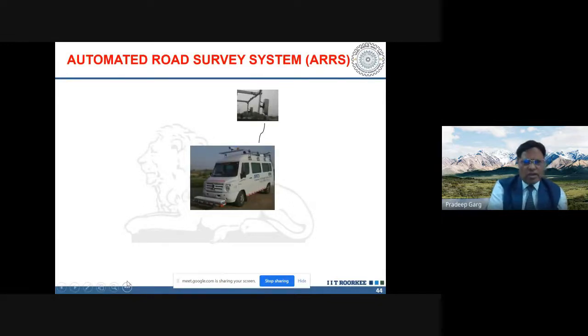This is an automated road survey system, as an example, an extension of the equipment which we are showing you, the mobile mapping system. It is a very useful system, because it concerns everybody. When we travel on the road, we see lots of potholes, particularly after the rainy season. Lots of cracks are there.